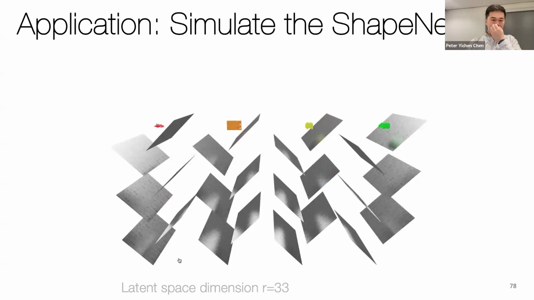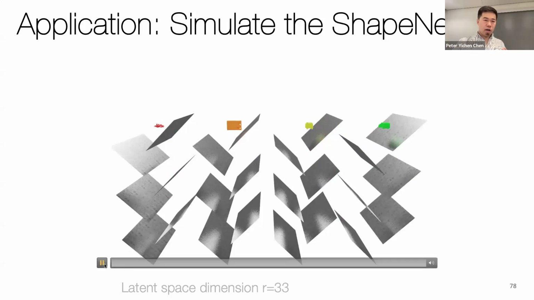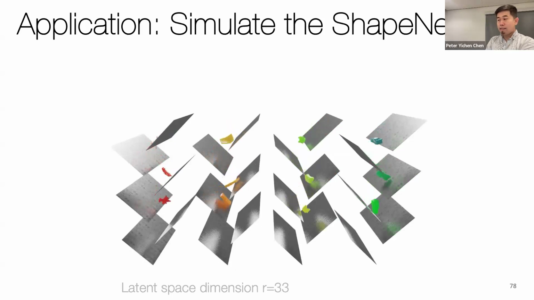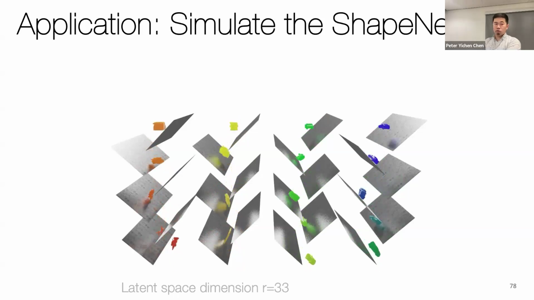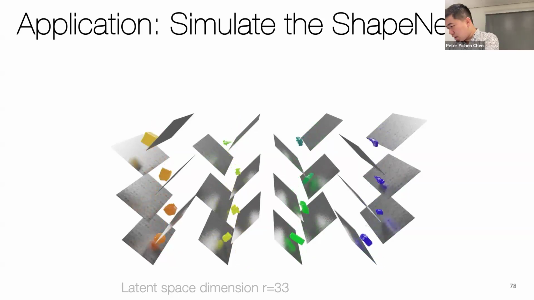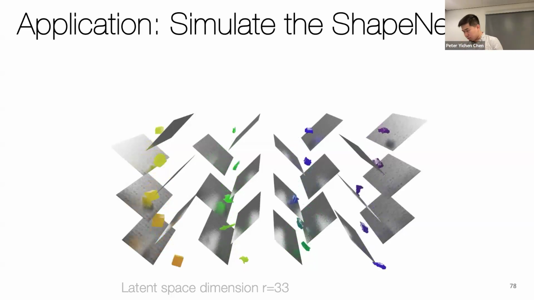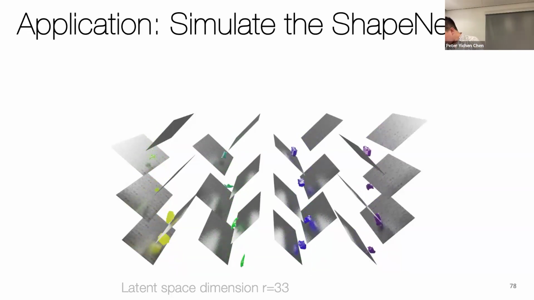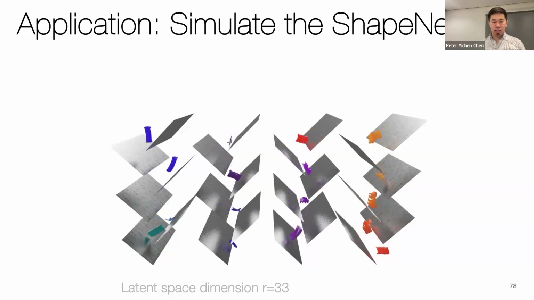After training, one single model is able to simulate all these different geometries. You see different cubes, different chairs, different cars. One single model that's able to handle all these different things.